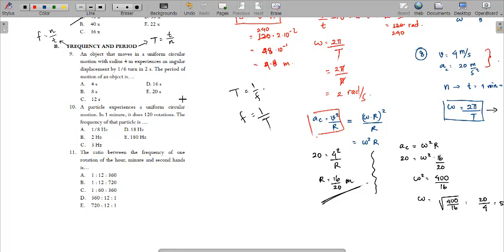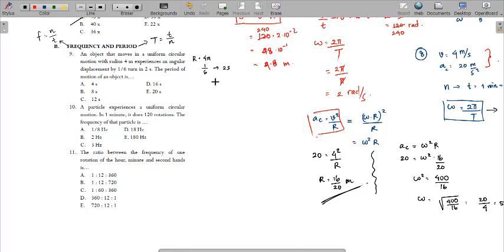Now, number 9. An object moves in circular motion. You have radius 4 meter and angular displacement 1/6 turn in 2 seconds.